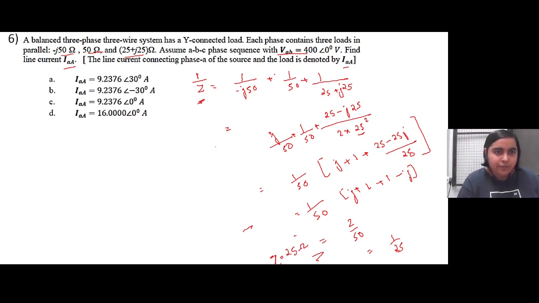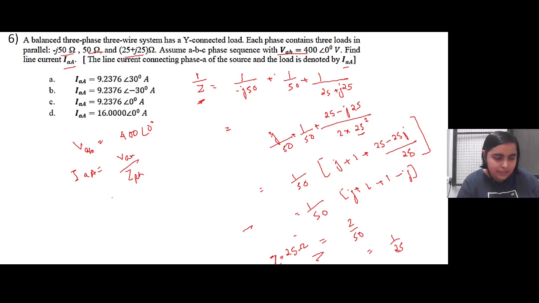Now VAB is given to be 400 angle 0, so we can calculate IA, right? It is VAN by Z of each phase.